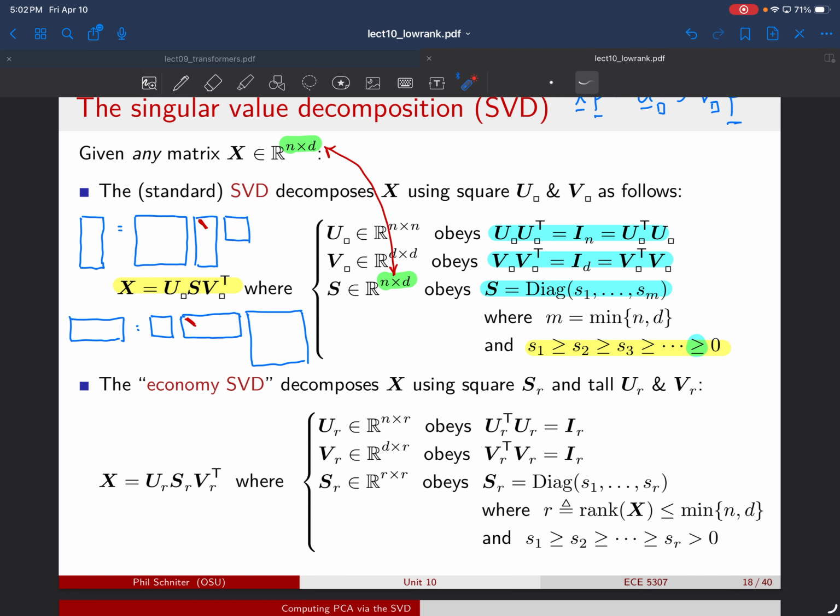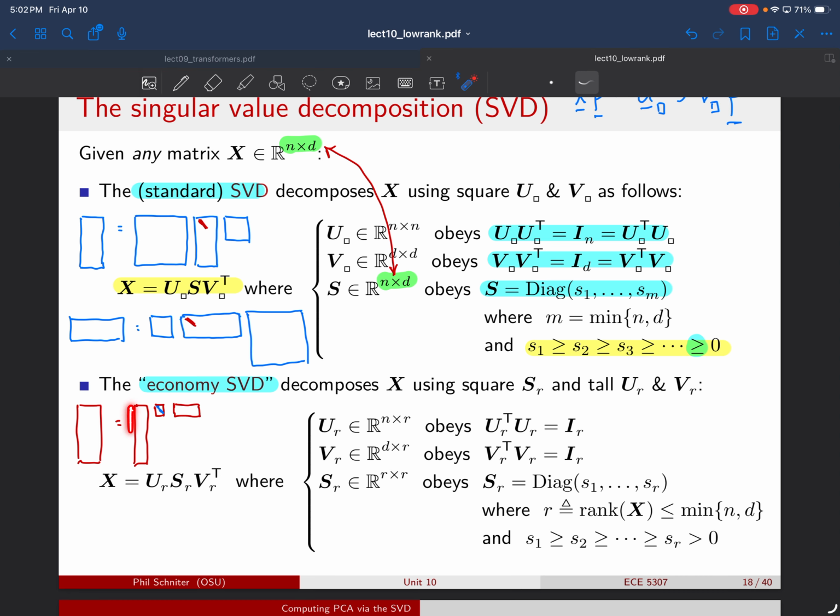Okay, so there's this economy SVD that computes only the coefficients that matter. So for example, for this one, it might look like, so here you're going to have a tall U matrix, a small diagonal matrix, and a wide V transpose.